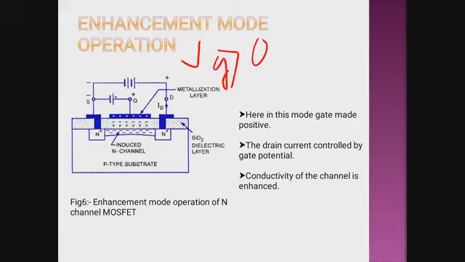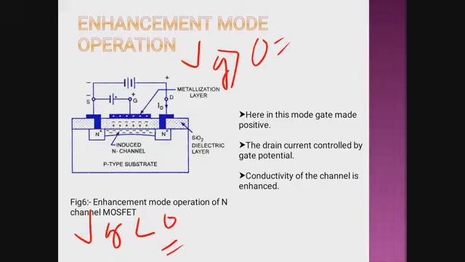If VG is equal to 0 or less than 0, the MOSFET does not operate in enhancement mode. When VG is less than 0, the MOS operates in depletion mode. But when VG is greater than 0, the MOS operates in enhancement mode.